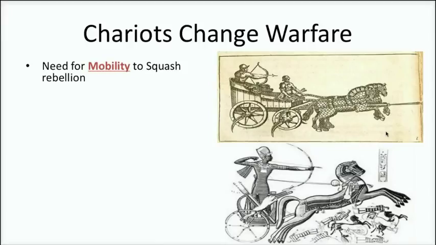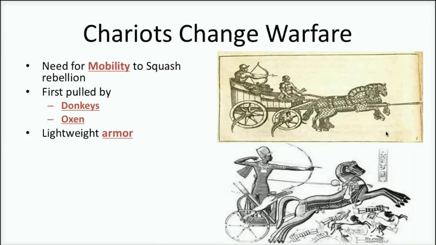The chariot is advantageous for a lot of different reasons. Some of the first chariots were pulled by donkeys and oxen. Eventually, as horses become tamed, horses will pull chariots. The nice thing about chariots is they were pretty lightweight in terms of their overall weight limit.